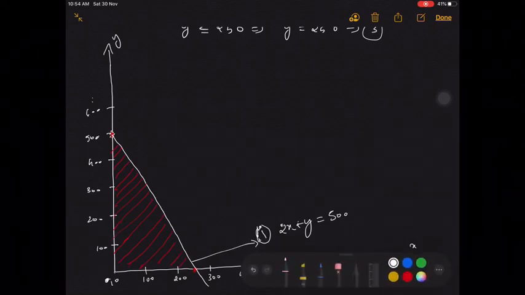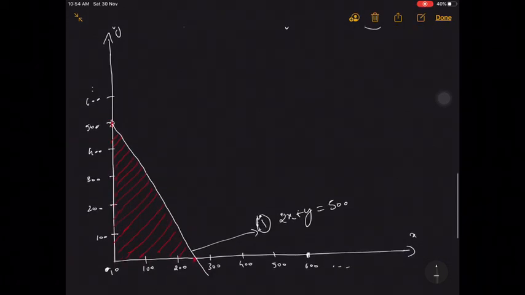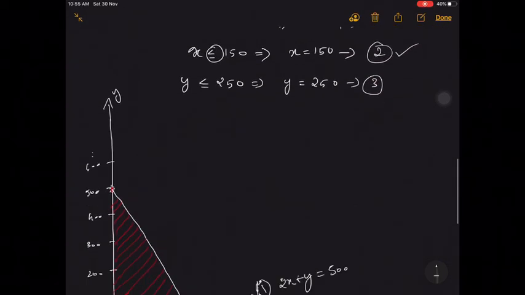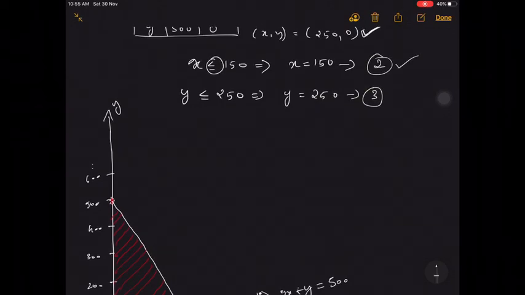Next we'll consider the second line. Line 2 is x is equal to 150. So x is equal to 150 is here. We get a line, but they're not given a value for y.